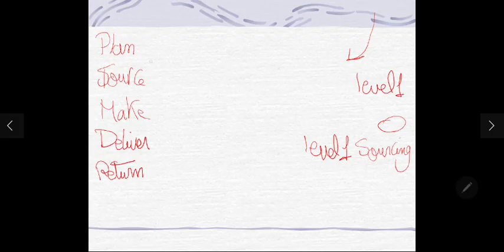Then there are different types of each of these. So for example, sourcing is divided into 2 things. Make is divided into 3 things. Plan is divided into 5 things. This is called level 2. For example, source is divided into: are you sourcing products that are stocked at the supplier?